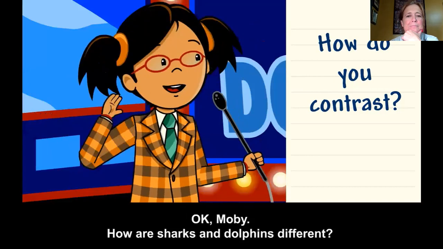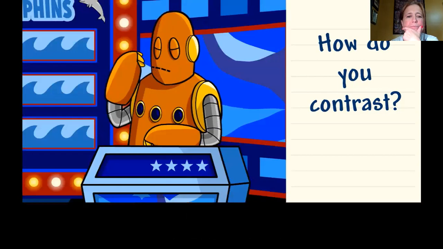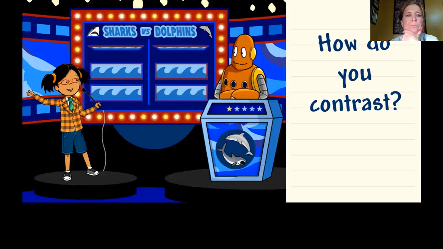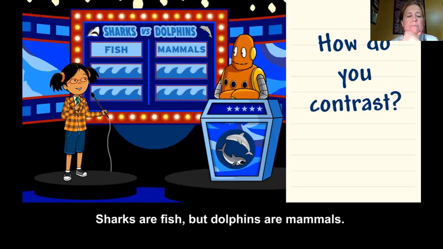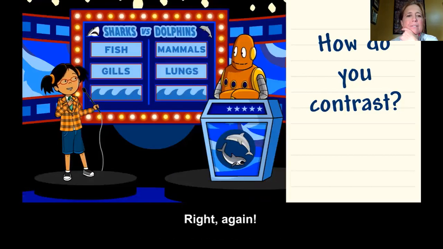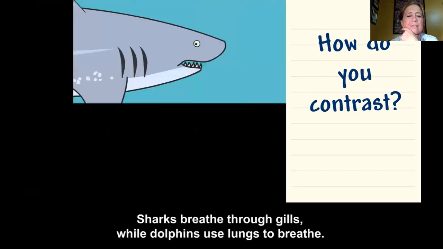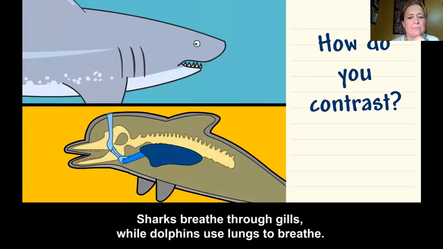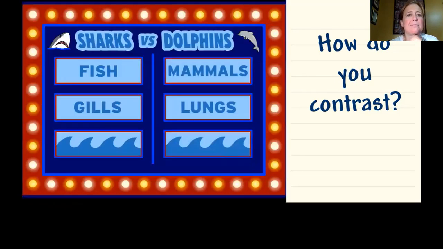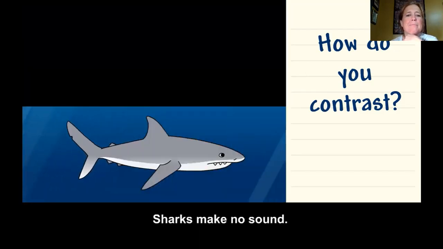Okay, Moby, how are sharks and dolphins different? Right, Moby. Sharks are fish, but dolphins are mammals. Right again. Dolphins and sharks breathe differently. Sharks breathe through gills, while dolphins use lungs to breathe. You're on a roll, Moby. Sharks make no sound.